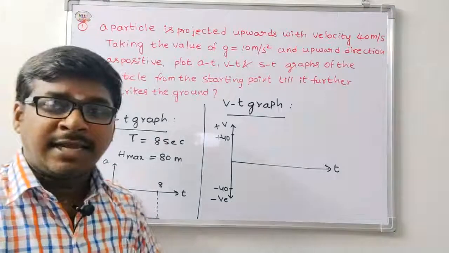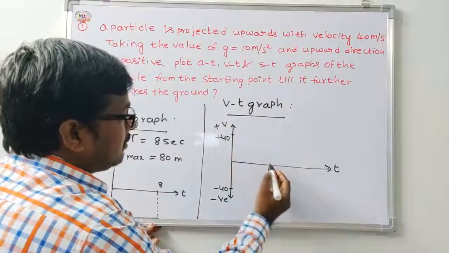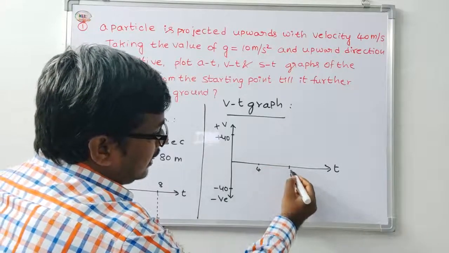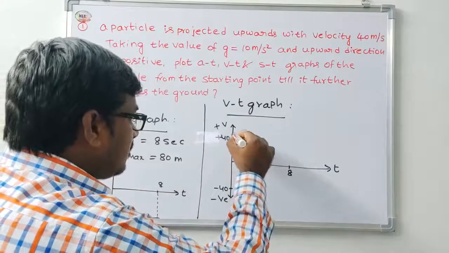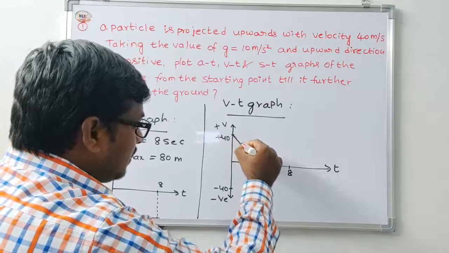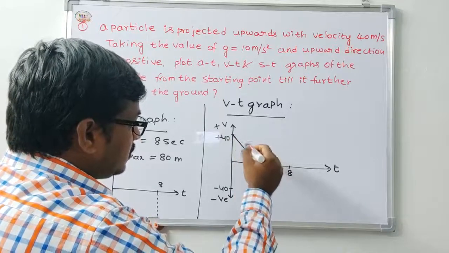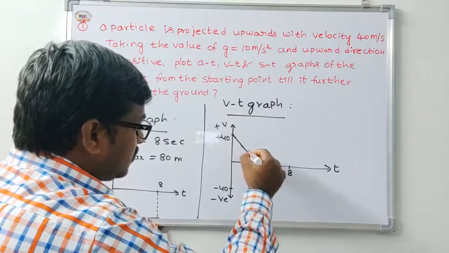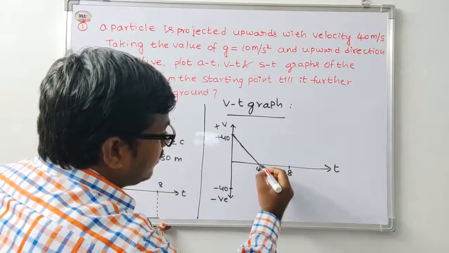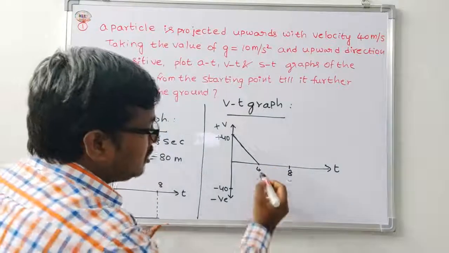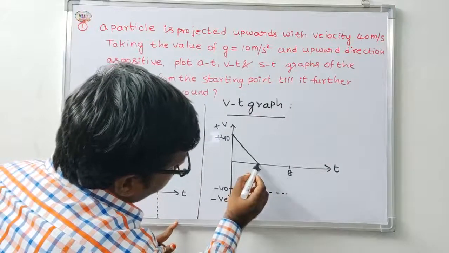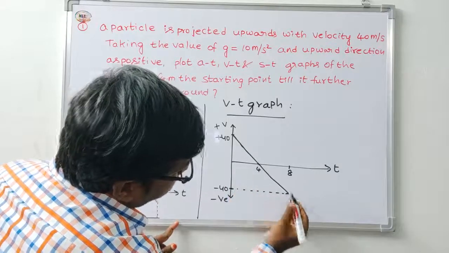Here the velocity decreases; this is 4 and this is 8. It decreases from 40 meter per second to 0. Then in the downward direction, the velocity increases from 0 to 40.